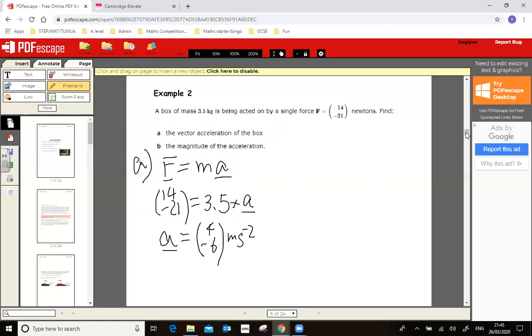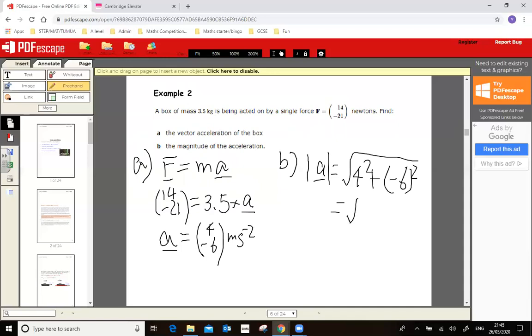Okay, right, part B, find the magnitude of the acceleration. So to find the magnitude of acceleration, that equals the square root of the components squared. So that'll be 4 squared plus, I think, minus 6 squared.